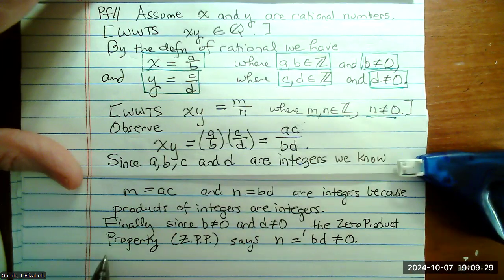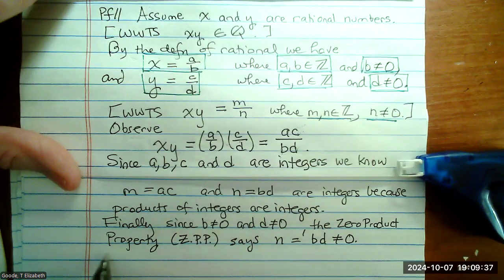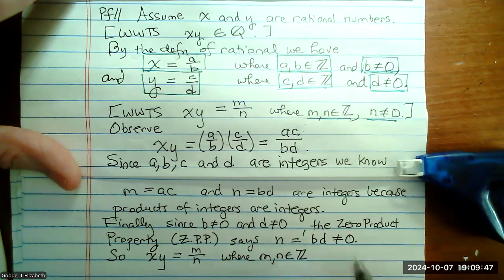So now we just kind of wrap it up. It's kind of like giving a talk. You tell them what you're going to say, you say it, and then you tell them what you said. So let's just wrap it up. So X times Y is equal to M over N, where M and N are in Z and N is not equal to 0.